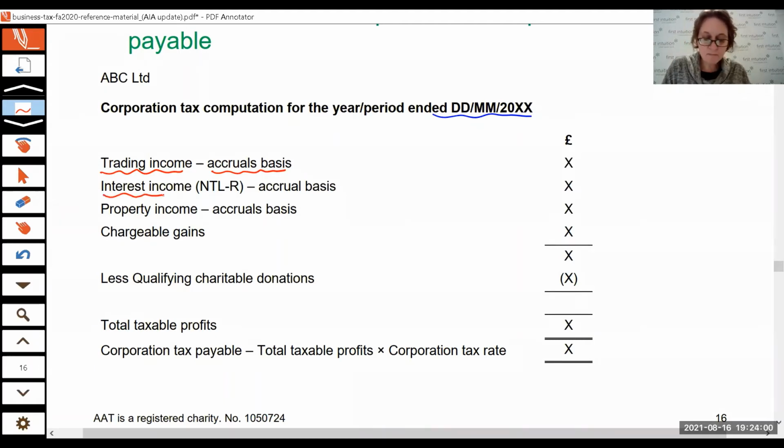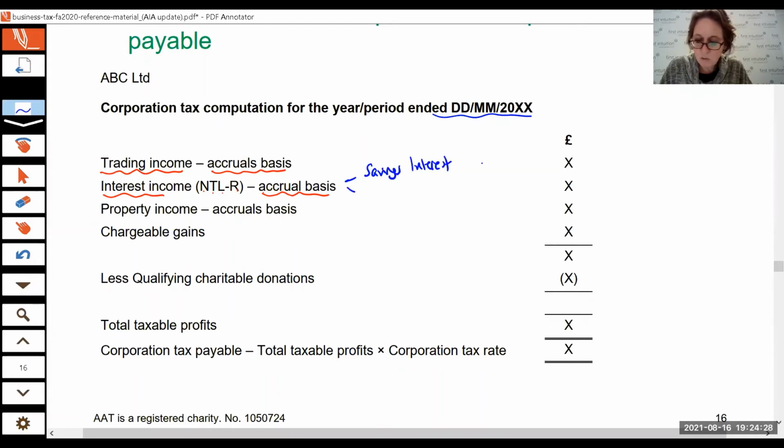Interest income. This talks about non-trade loan relationships, also on an accruals basis. What it wants is your interest from non-trade activities. Now, unless you are a bank, you don't have interest received as part of your trade. So this would be things like savings, interest on some sort of bank account.